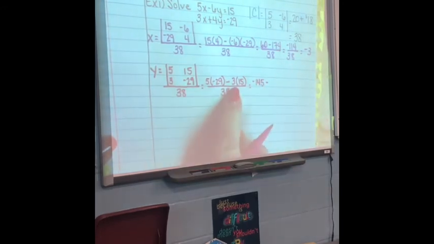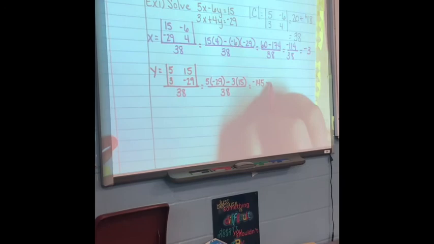Minus 3 times 15 is 45. And I'm dividing by 38. Negative 145 minus 45 is negative 190 divided by 38, which gives me negative 5.